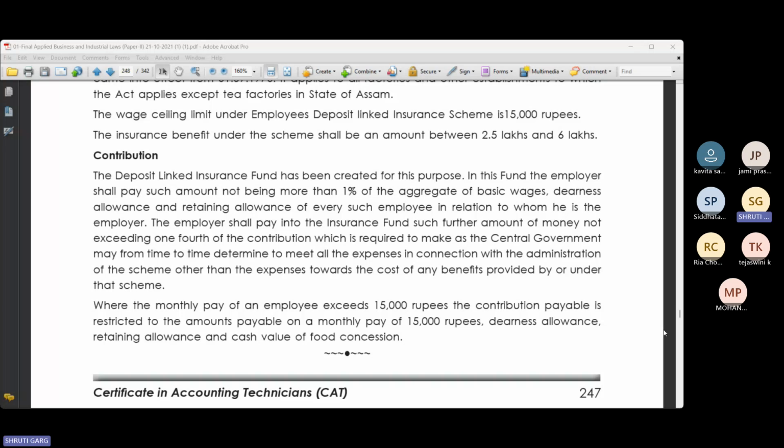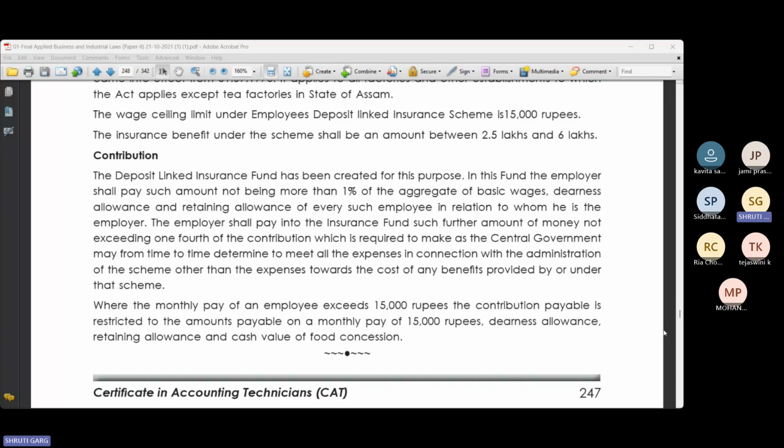Yes, there is a limit. Open page number 243 where the chapter starts. See the object before the objective. This act is now applicable to employees whose pay does not exceed 15,000 rupees per month.